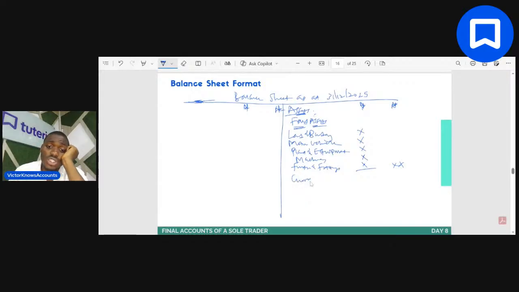Then we have current assets. So it says stock. Another name for stock is inventory. Then we have debtor. Another name for debtor is receivables.